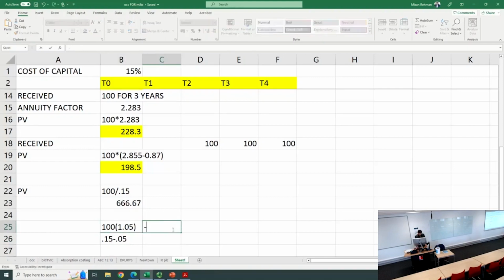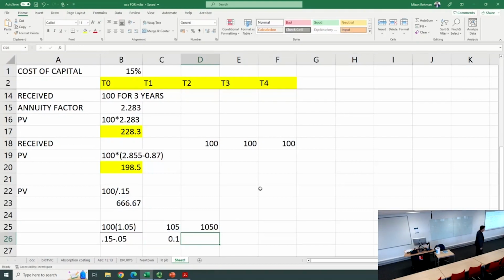So if you do 100 times 1.05, 105, over 0.15 minus 0.05, and if you do the maths, 1050. If the growth rate is 10%, then it will be 1.1 over 0.15 minus 0.1. So we change it with the growth rate.